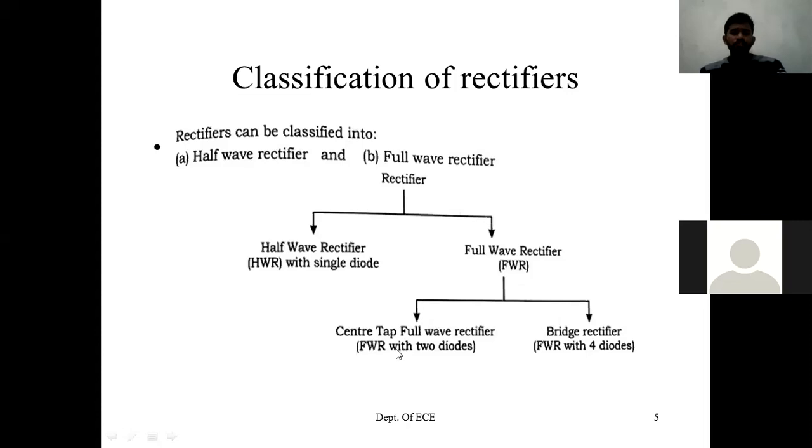The center tapped full-wave rectifier uses a center tapped transformer and two diodes. The same way, in the bridge full-wave rectifier, we will use an ordinary transformer and 4 diodes connected in the form of a bridge.